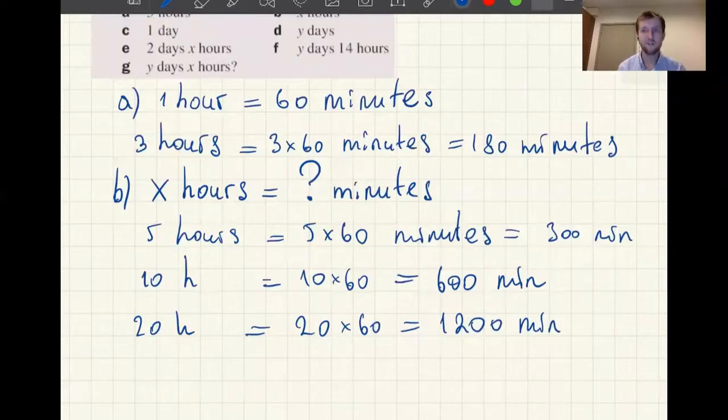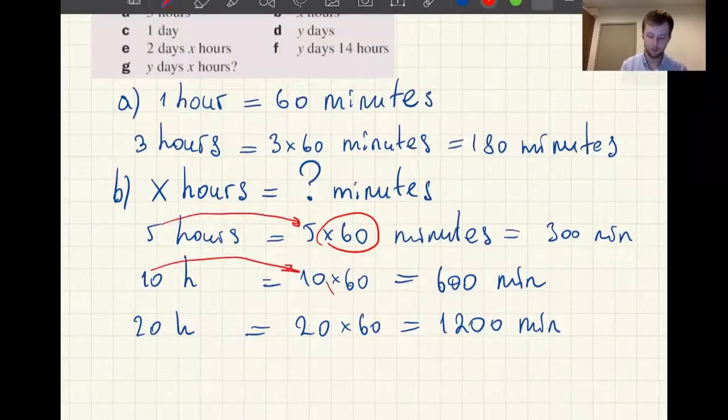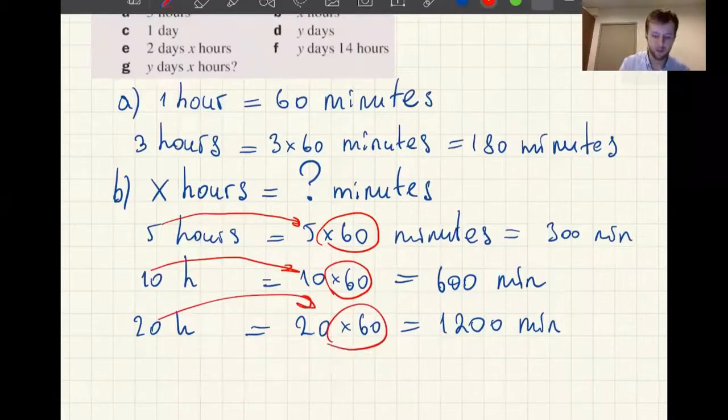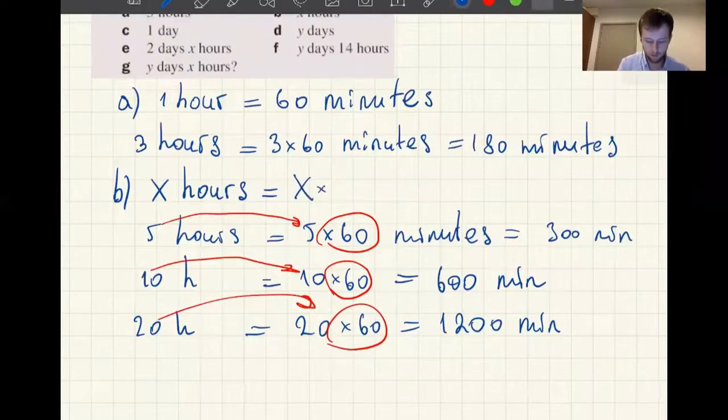What we do every time is times 60. Whatever we have, we just times it by 60. So X hours is going to be equal to X times 60 minutes.